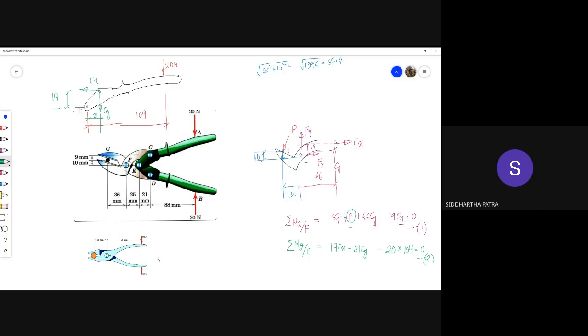But what I would suggest is, don't assume anything. Go ahead and assign arbitrary Ax and Ay, and let there be a solution. At the end of the solution, you will see that Ax automatically turns out to be 0. By the way, this problem is not symmetric by any means, and I can guarantee you that Ex is not trivially 0.